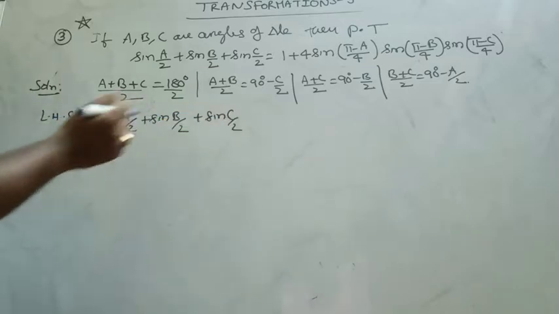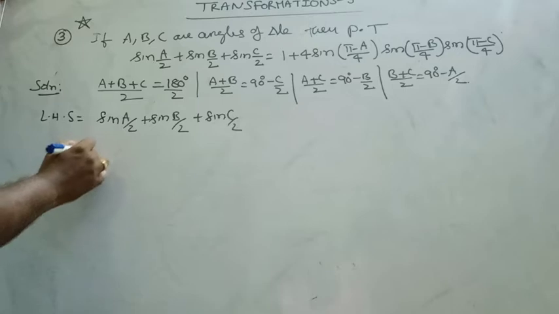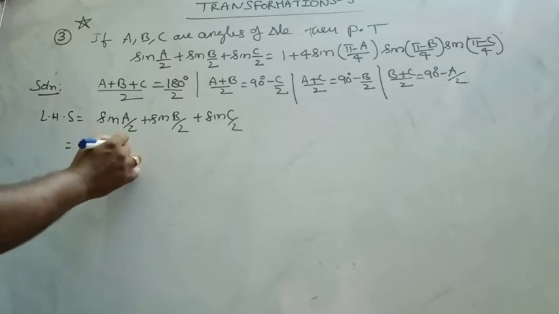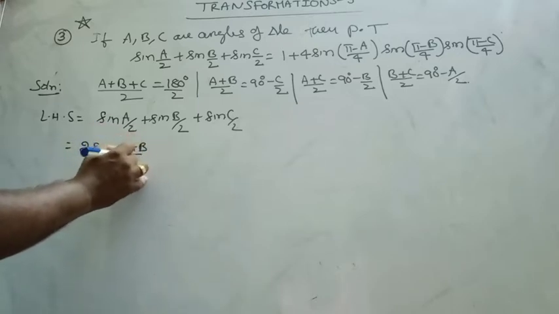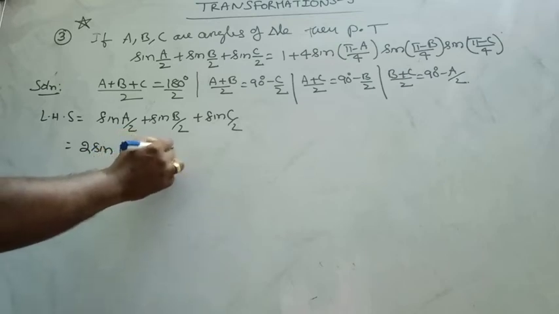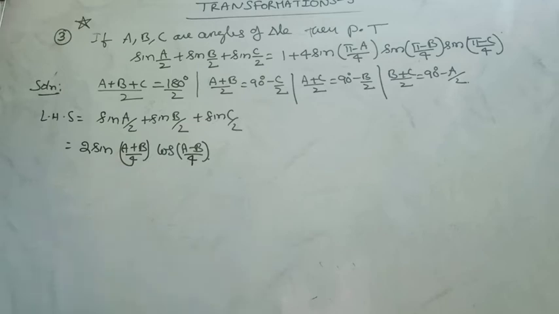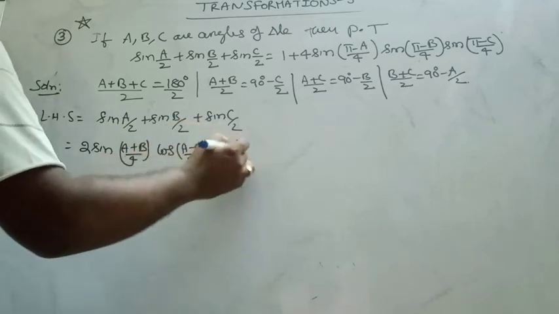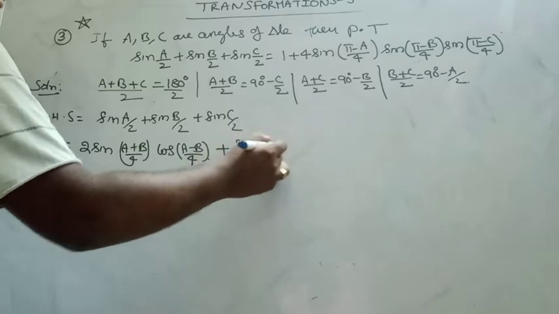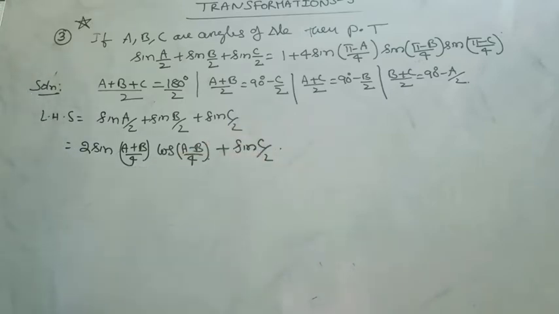Now if you apply the formula sin C plus sin D, which is nothing but 2 sin of C plus D by 2 into cos of C minus D by 2, we get 2 sin A plus B by 4 into cos A minus B by 4, plus sin C by 2.